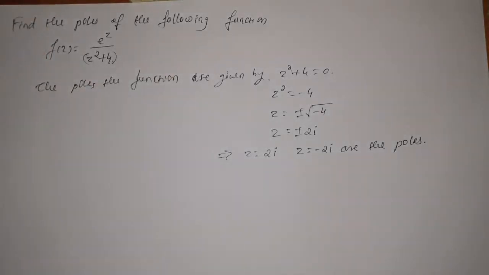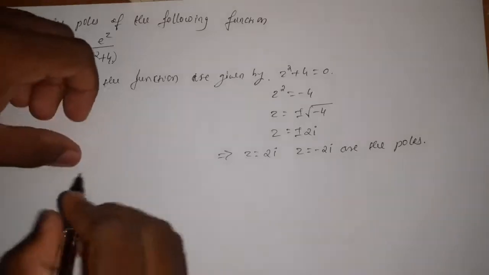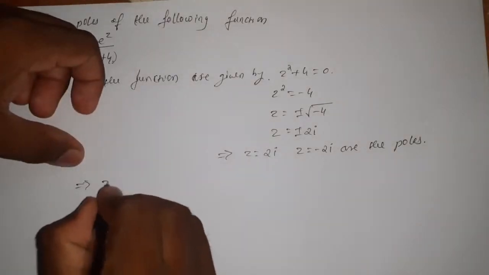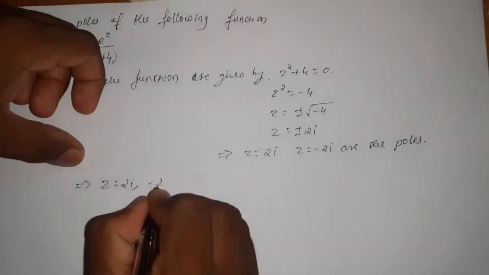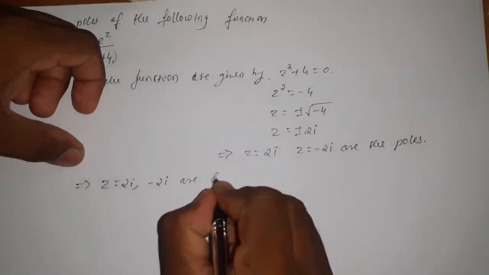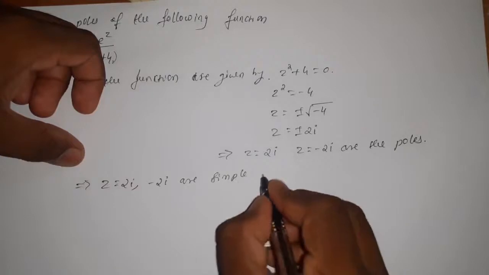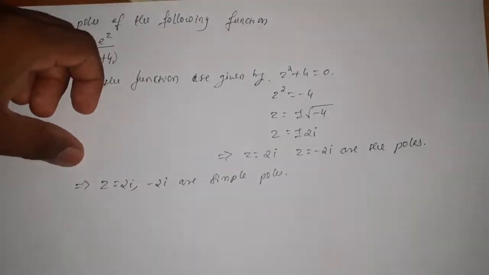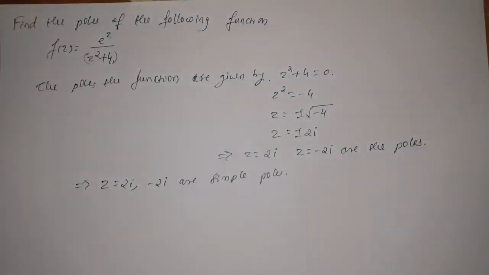Whenever the power of the denominator is equal to 1, the given values of z will be simple poles. So therefore here z equal to 2i and minus 2i are simple poles. Simple pole means poles of order 1 are called simple poles. So therefore this is the way to find the poles of the function given.